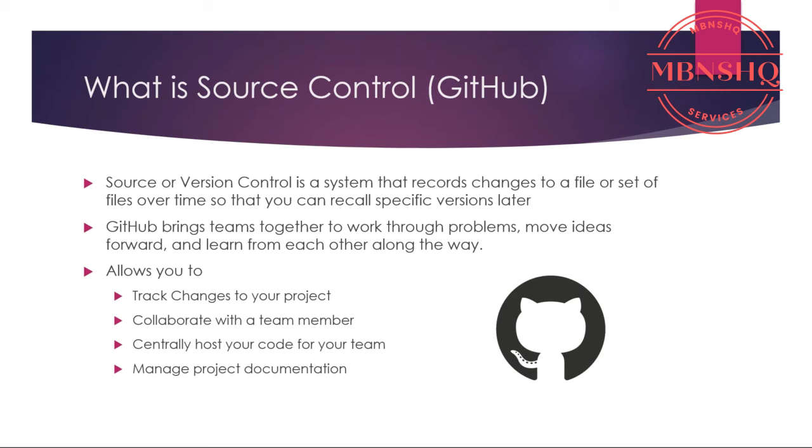We can also manage project documentation centrally. At the end of the day, GitHub is probably the most popular and also free source control tool that is on the internet, and it's widely accessible, widely available to everybody. And once again, it's free of charge.